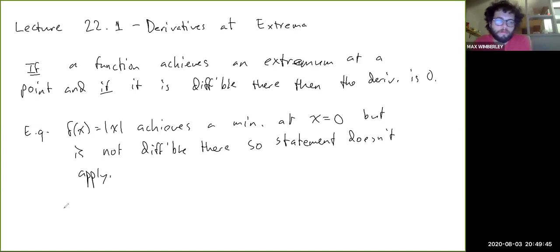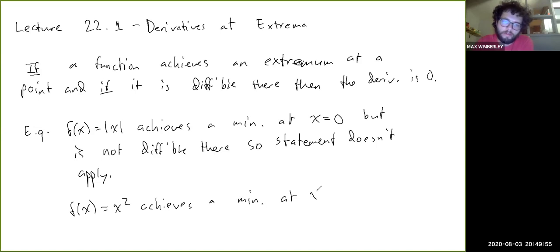But f of x equals x squared also achieves a minimum at x equals 0, and it is differentiable there. It's easy to calculate the derivative at x equals 0, but this fact also tells us that f prime of 0 is 0.